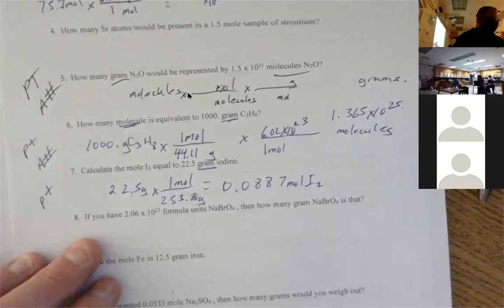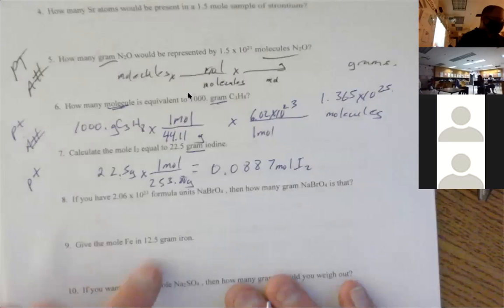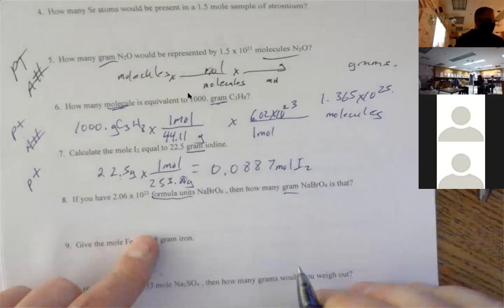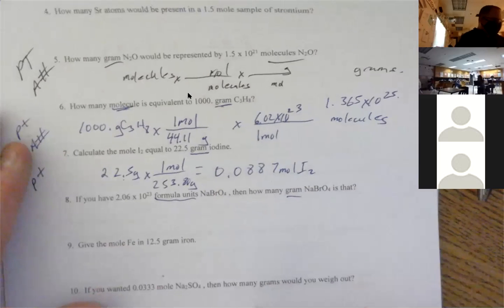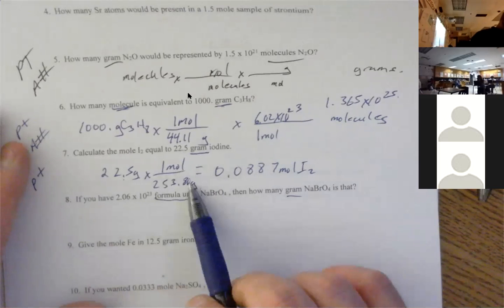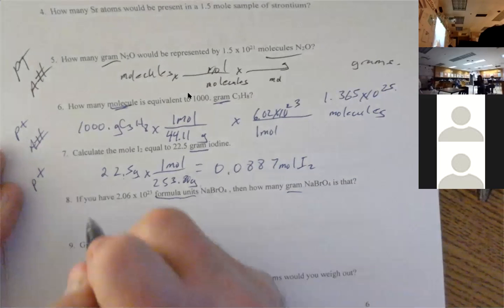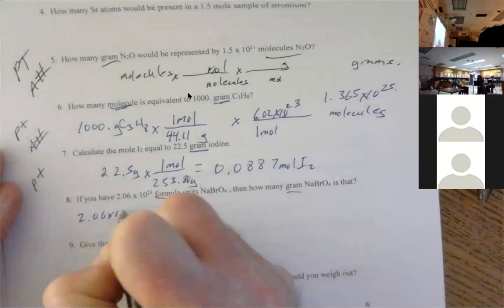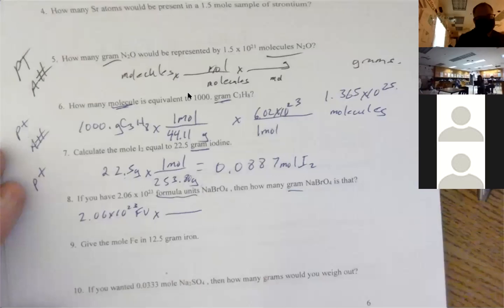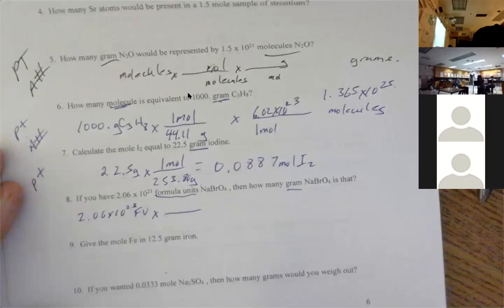The last type of problem has you doing 2 things: formula units and grams. Remember, I don't have to think as long as I keep the unit lined up so that it cancels. So this is 2.06 times 10 to the 23rd formula units. That means formula units has to go down here.